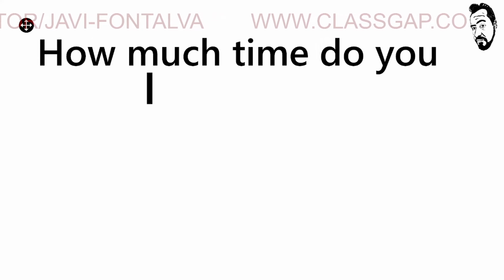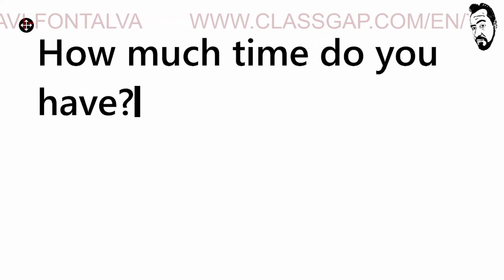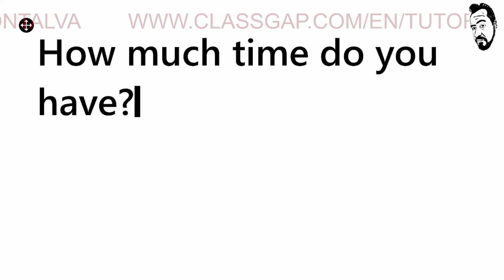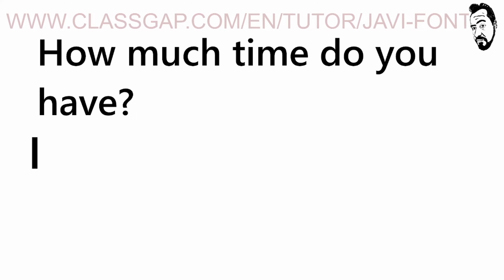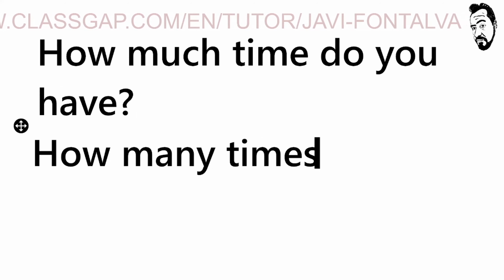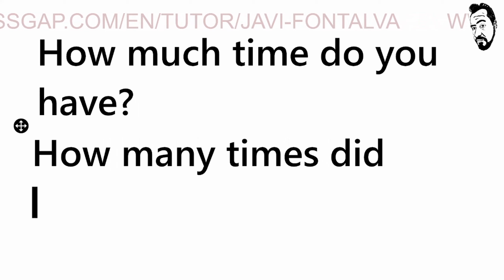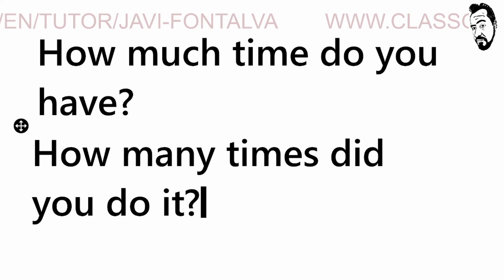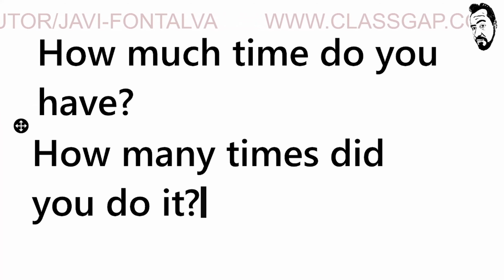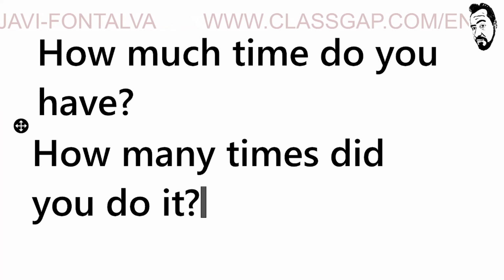Okay? So for example, notice the difference. How much time do you have? So here I'm talking about hours, seconds, minutes, yeah? Yes, great. However, I could also say how many times did you do it? So here I'm talking about the repetition. Once, twice, 3 times, 4 times. How many times?